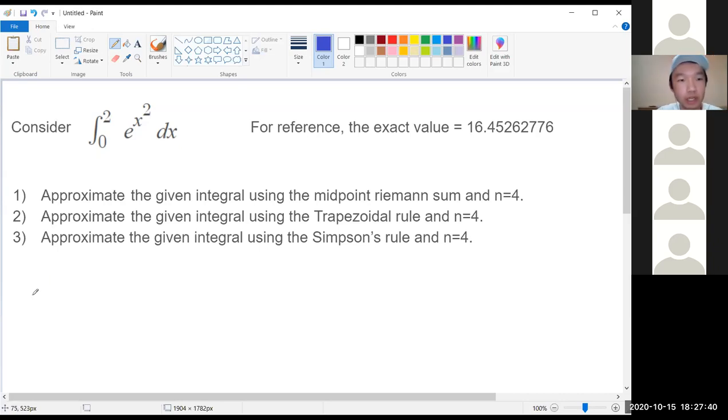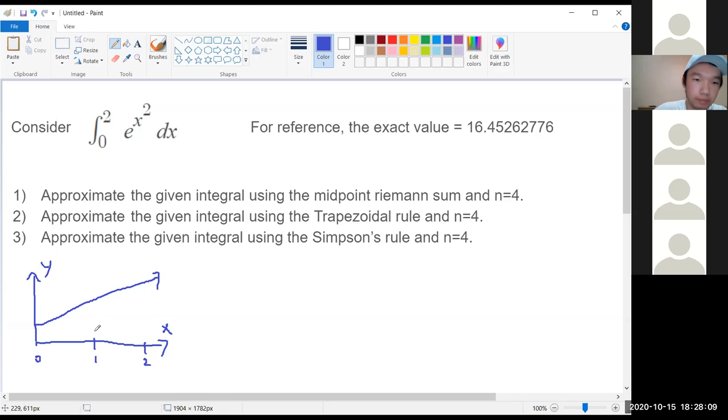It's from 0 to 2 again, so I'll just draw the first quadrant of the x and y axis, from 0 to 1 to 2. e to the x squared. I honestly don't know how that looks, so I'm just going to draw any random curve because it doesn't really matter. So there it is. And all of these questions specify 4 subintervals, so it's all going to be 1/2 again.